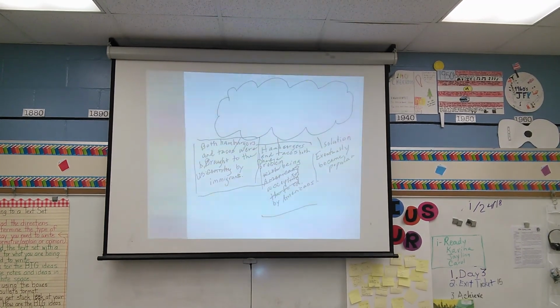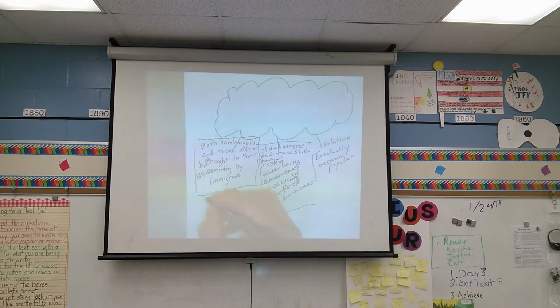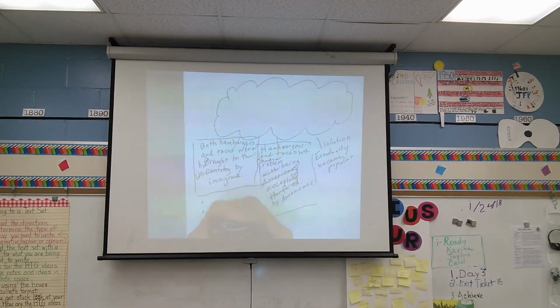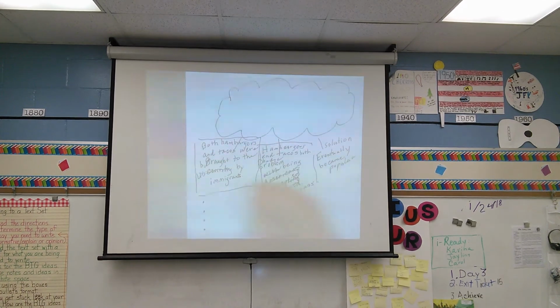Okay, so what you're going to do during our independent time is you are going to write this third main idea as a sentence. And then you're going to go back into the text and collect the bullets that you're going to add to each of these main ideas.